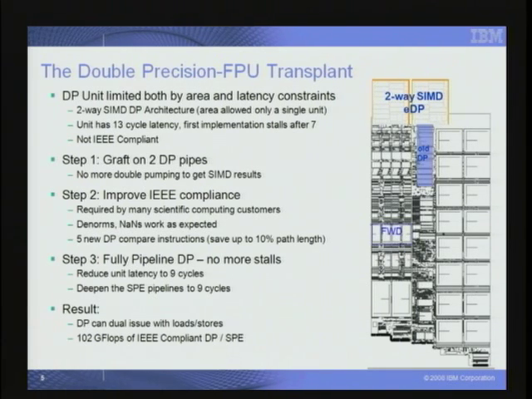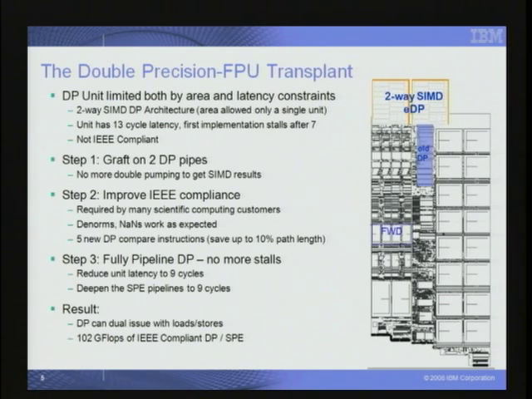So we just threw up our hands, stalled for 6 cycles, and made the effective pipeline about 7 deep. It wasn't IEEE compliant, and although we have a two-way SIMD architecture, we had to double pump this unit to get both results. So we tear out that, and we designed a new unit, and we put 2 of them up on top of the chip. In this implementation, we were not nearly as area constrained and power constrained as we were, so we can fix a number of the problems.